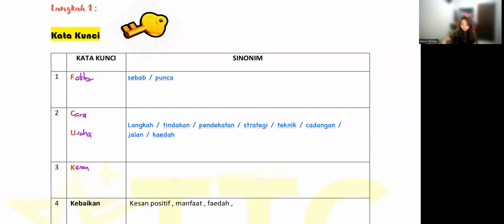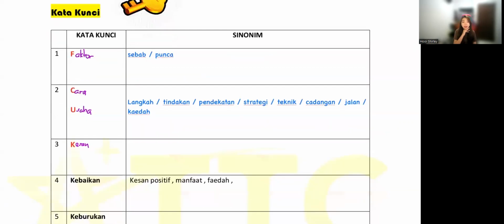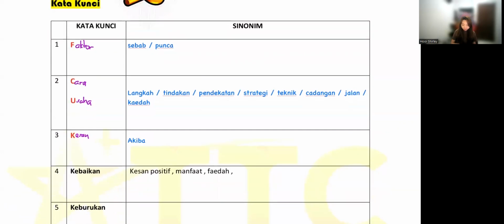Then the next one, when it comes to kesan. Any ideas? What synonyms will you have? Start with A, akibat. Yes, correct. Impak, and also one more that starts with I. Any idea? Implikasi, exactly. So this is implikasi.